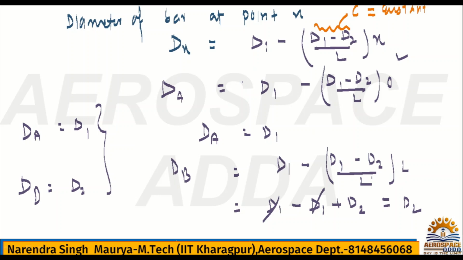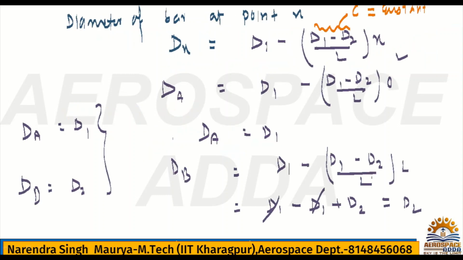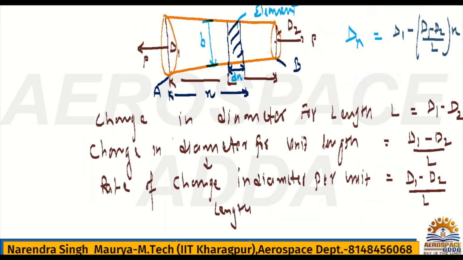So for the change in length, delta L, you are calculating for x, because you have taken this small strip and you are calculating everything like change in diameter and change in length for this small strip dx, and then you will integrate this from 0 to L, then you will get it for the complete bar.